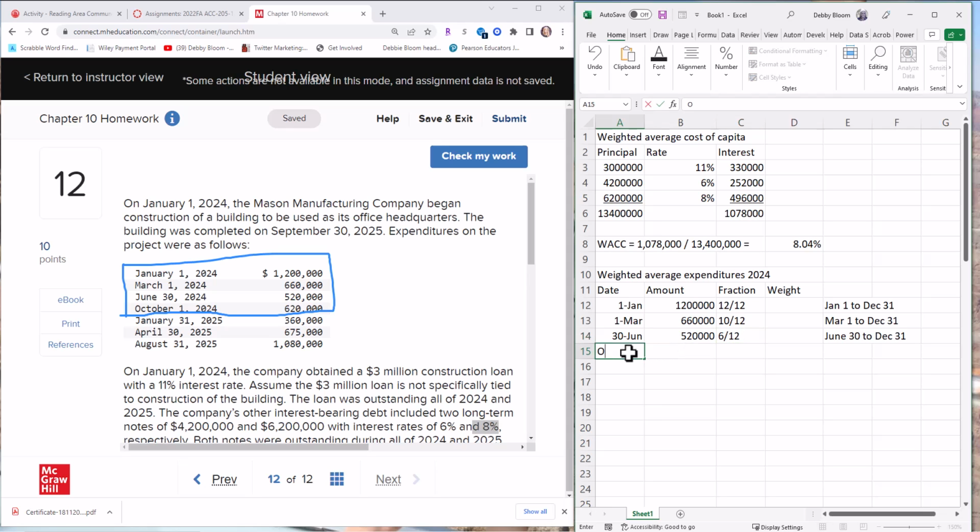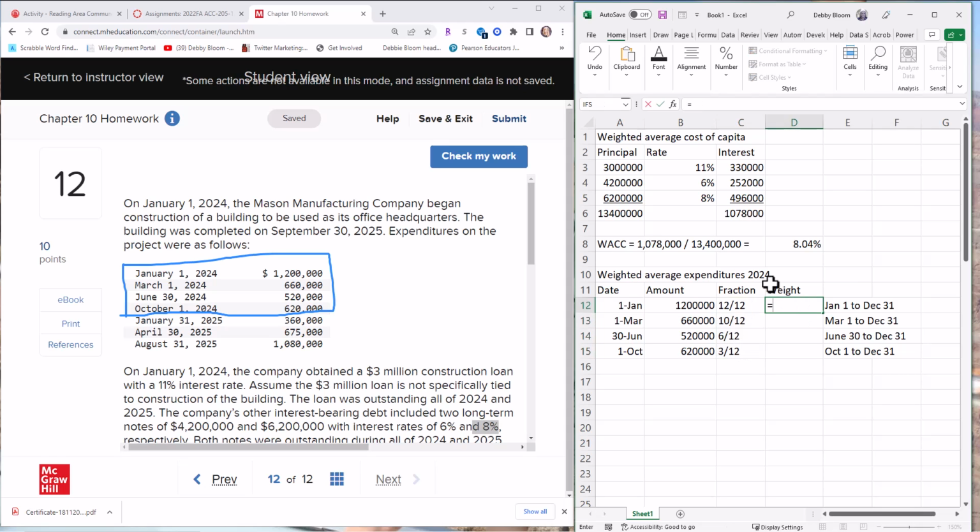And finally, October 1st, we're going to expend $620,000. We count the number of months from October 1st to December 31st. October, November, December is 3 months, so we're going to use a fraction of 3/12. So remember, these are not numbers, I just displayed the fraction to use.